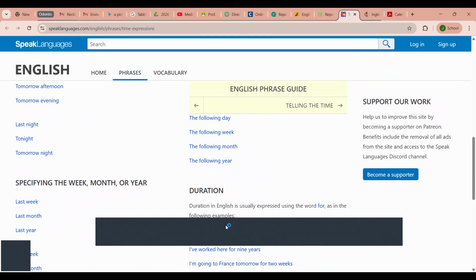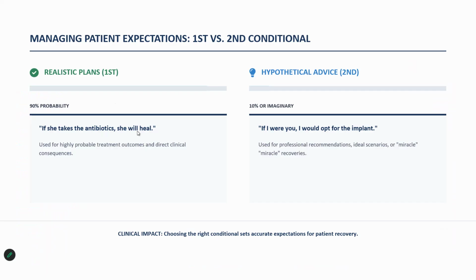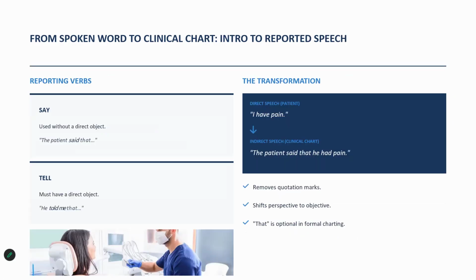Now, let's double back. We know that as we look at our phrases, we will know what type of reporting is happening. And we know we have to do a transformation. For example, I have pain.